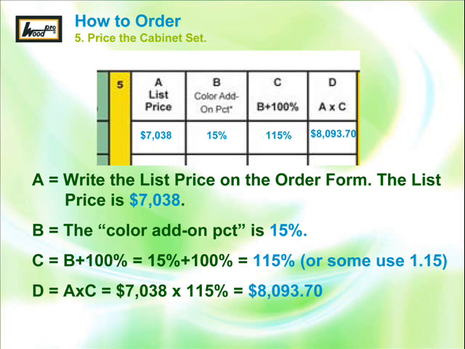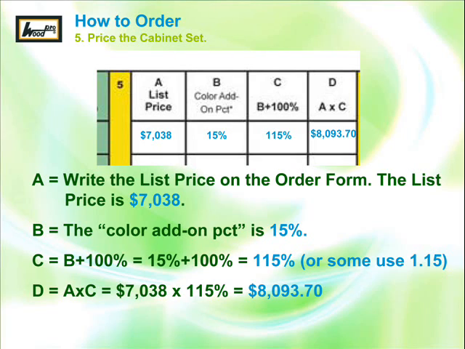As you recall, we have an add-on percent of 15% in column B. C is a combination of B plus 100%, and that calculation is 115%.